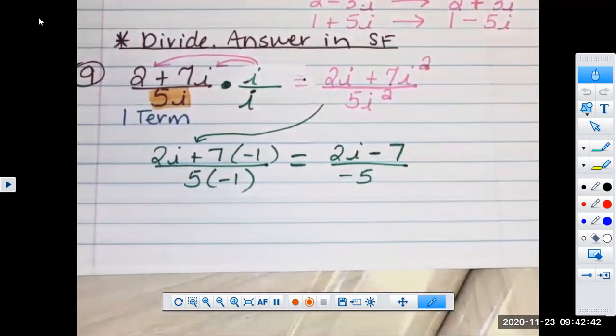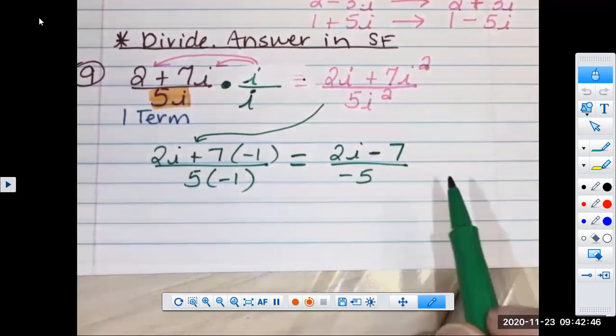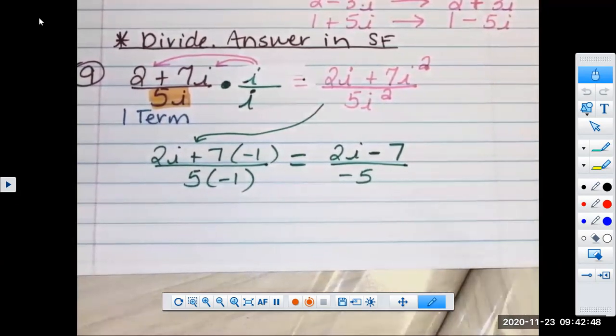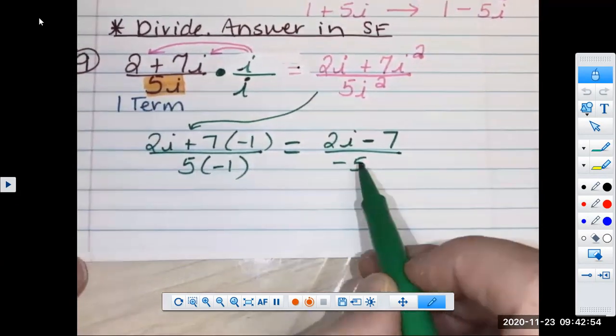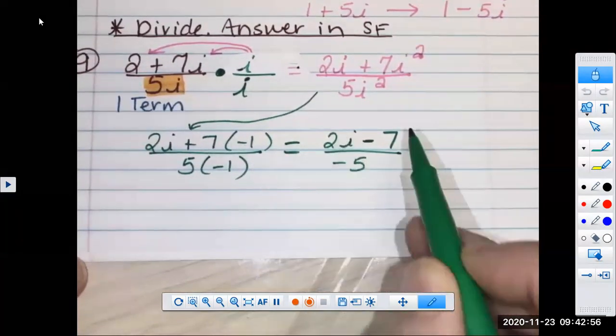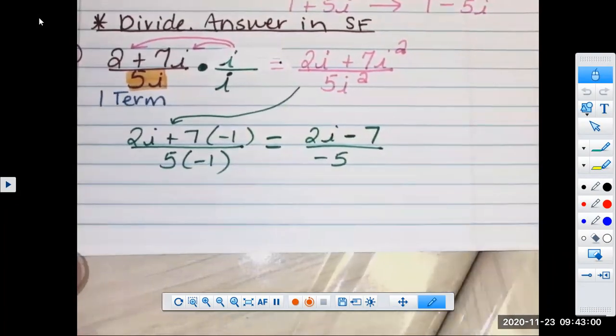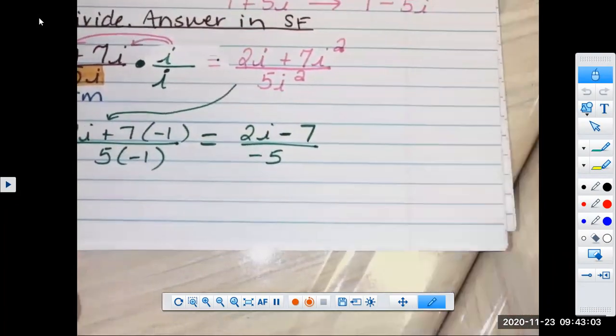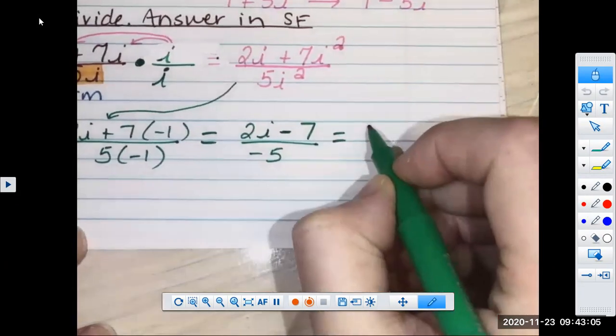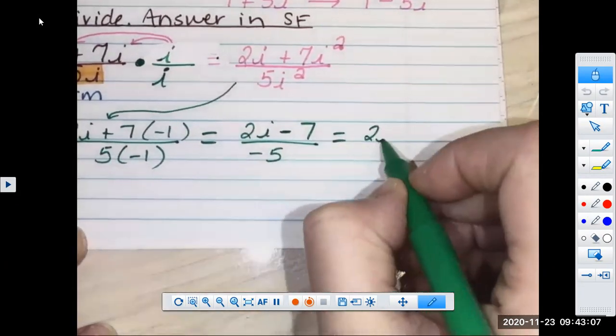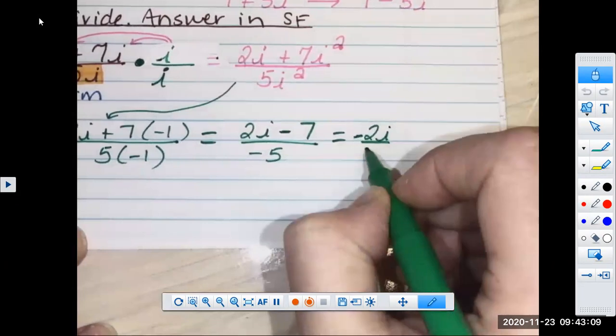Now, this is not in standard form. You guys remember when we were solving those quadratics and you had to split up? Similar in nature. What you're going to do here is take this denominator that both terms in the numerator share, and separate it. So we have negative 2i over 5.